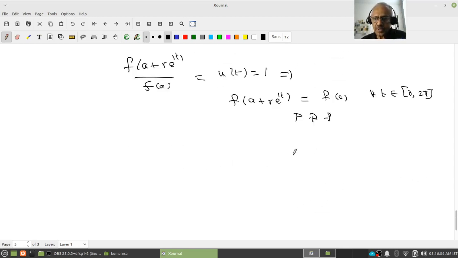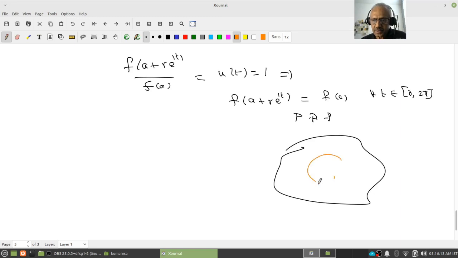Okay, therefore what do I have? I have an open disk and I have my a. This may be my big R, and this is my small r. For each point here, f of a plus r e power i t is the same as f of a, right? But this is true for each and every r. For all r, this is true.